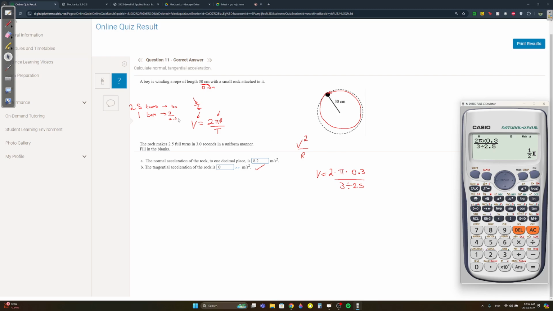We want v squared over r, so square this and divide by the radius 0.3, you get 8.2. So that's how you got this, and we said a tangential is obviously 0 because it's along a circle. Very, very easy.